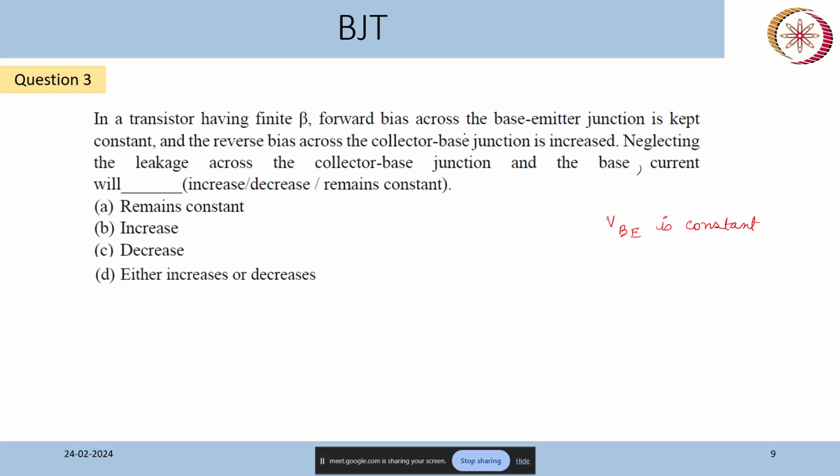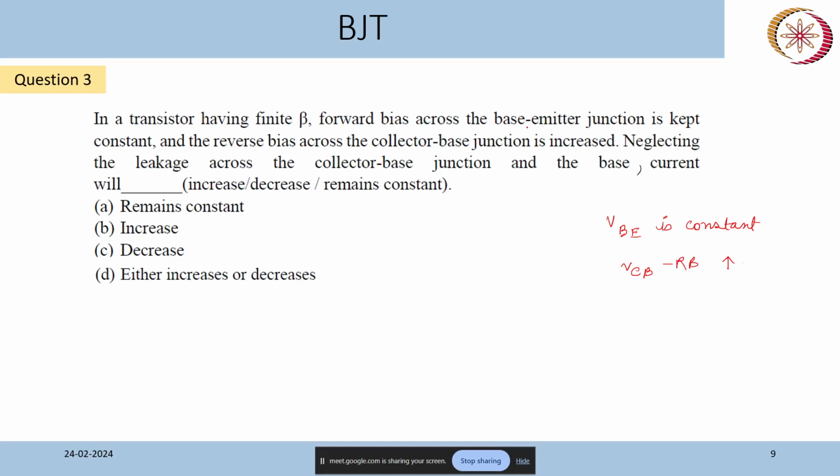The BJT is in the forward active region of operation because the base emitter junction is forward biased and the collector base junction is reverse biased. So VCB, the reverse bias voltage, is increased.